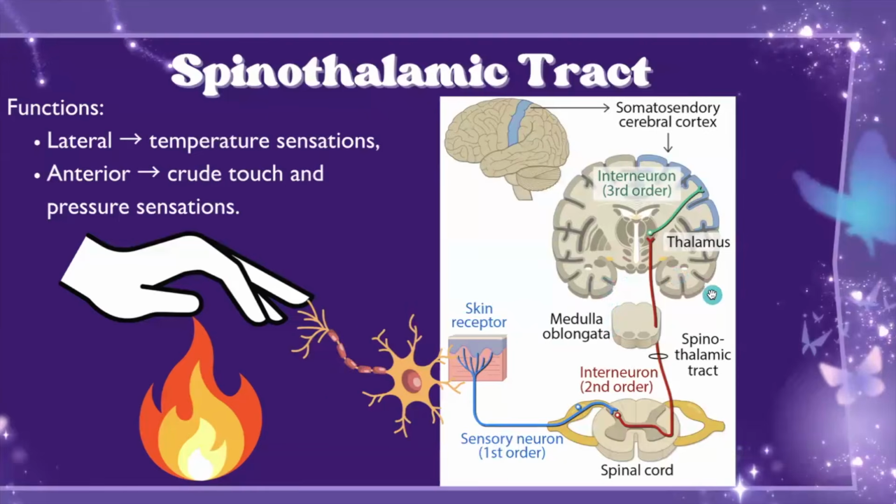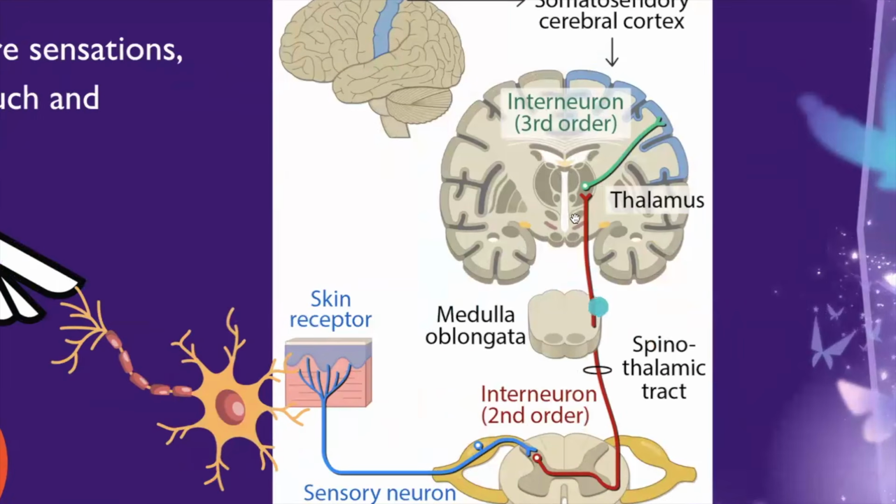Why is it called that? Because it ascends laterally in the brainstem, unlike the dorsal column tract, where the medial lemniscus ascends medially.